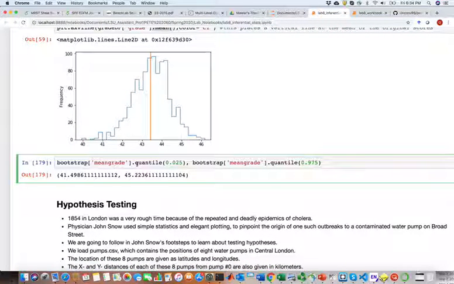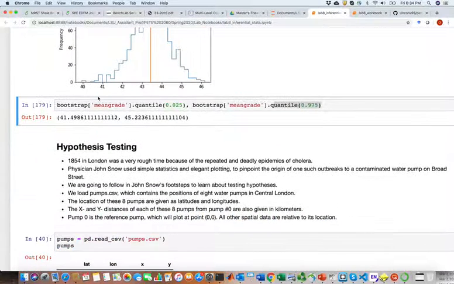Next, we can also show the 2.5th percentile and 97.5th percentile, which is basically the confidence interval as discussed in the previous video. So the confidence interval ranges from 41.49 to 45, and this will be the result if you were going to estimate the average performance of any group of second year PETI students taking this course.